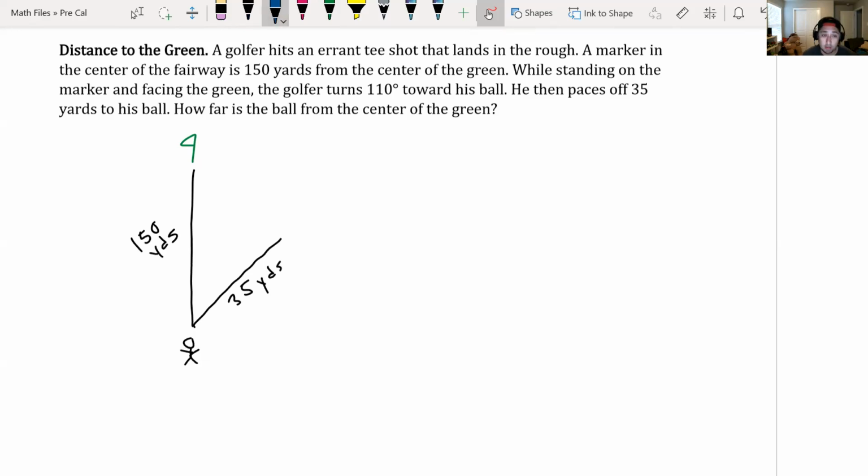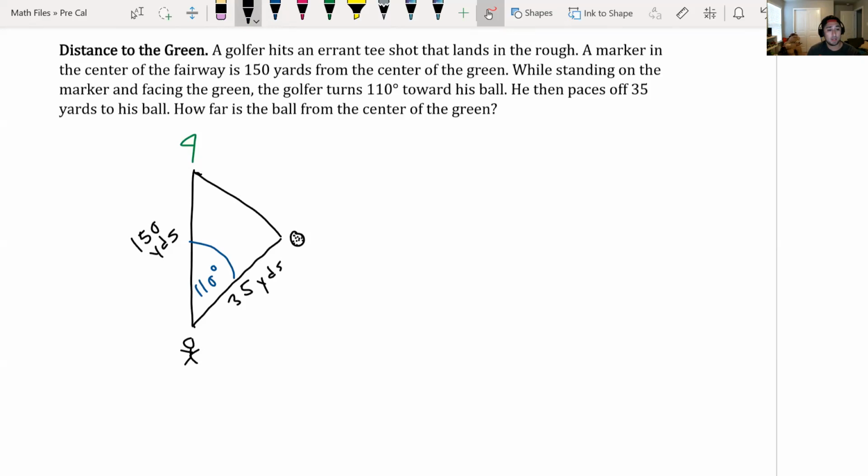And this angle here is going to be the angle he turned to his ball, which was the 110 degrees. Okay, all we want to know is how far is the ball, because now over here is the ball. There's my golf ball. How far are we from the green?